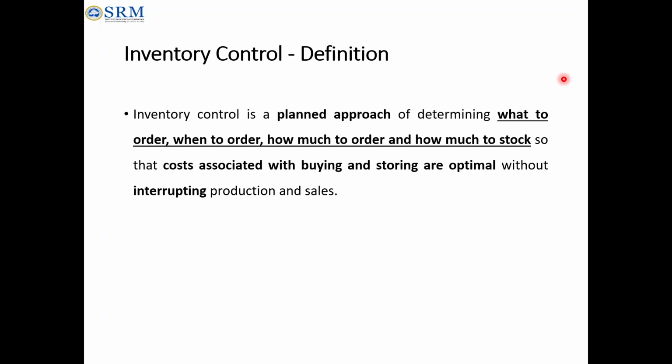Inventory control is a planned approach, a systematic approach of determining multiple things: what to order, when to order, how much to order, and how much to stock, so that costs associated with buying and storing are optimal without interrupting production and sales. Some of the keywords are very important. It is a systematic approach or planned approach. Inventory control is what?